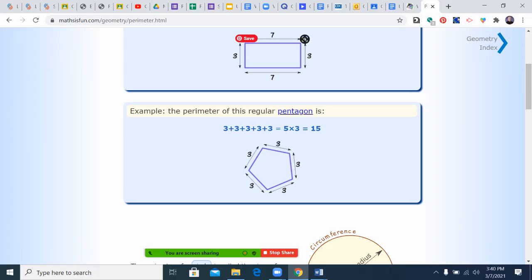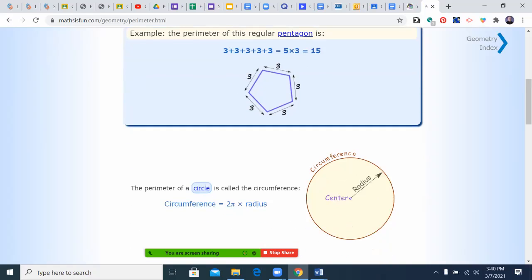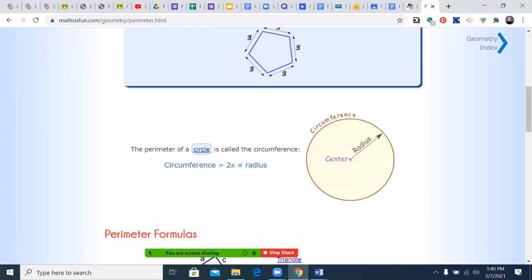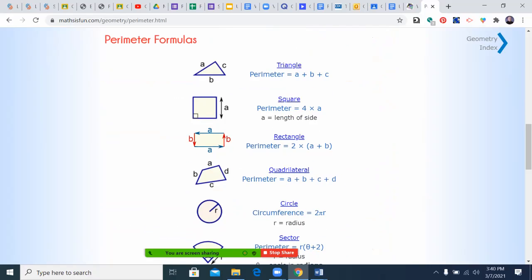I could have used the associative property up there as well. We are not going to work today on the perimeter of a circle, which is called the circumference. That'll be another day. There are some formulas for perimeter that we're not going to focus on today. I just want you today to be able to find the perimeter by counting.